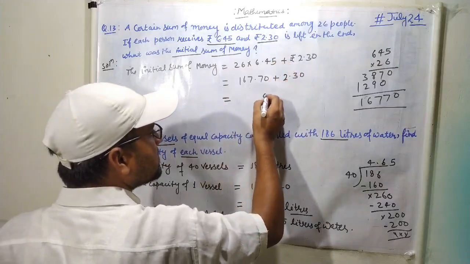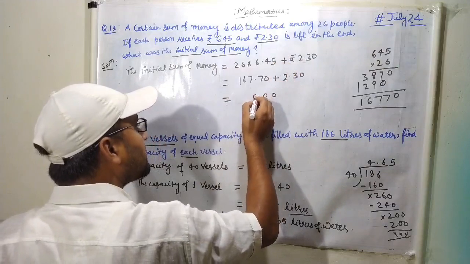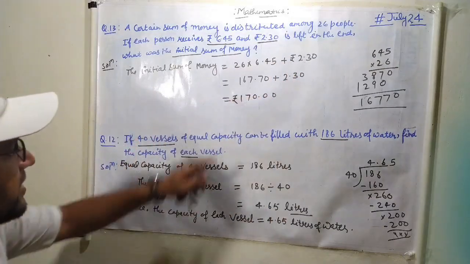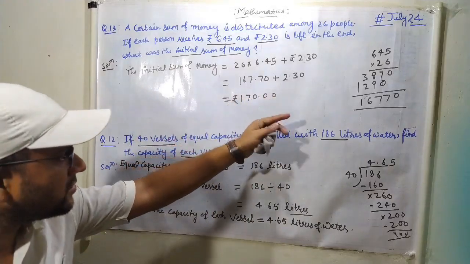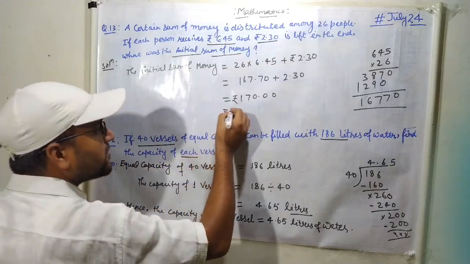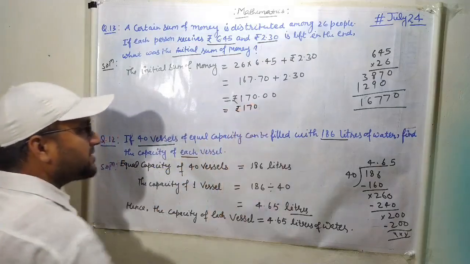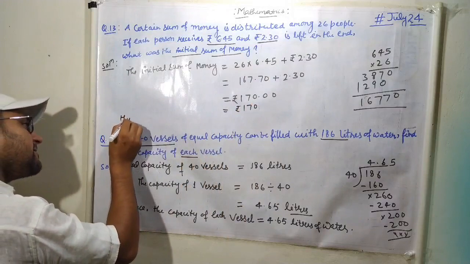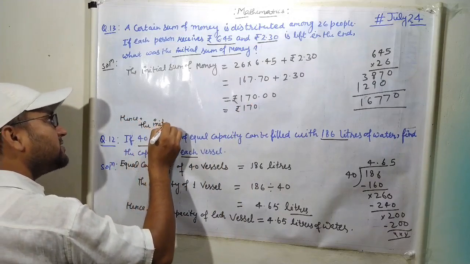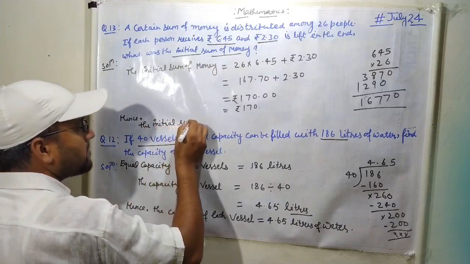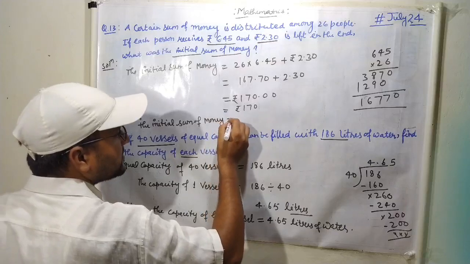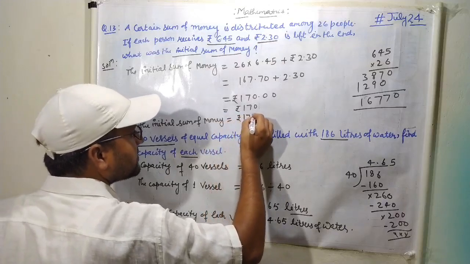If you add this, you get rupees 170.0. After the point, only zeros, so you will remove this 0. Okay, so you will get rupees 170. Hence, the initial sum of money is equal to rupees 170.